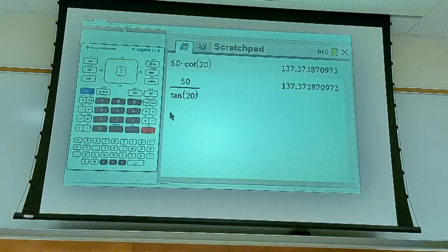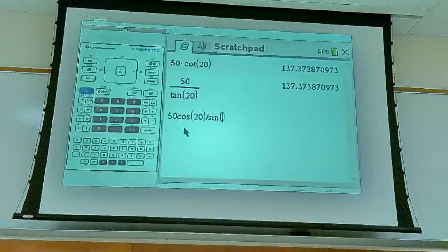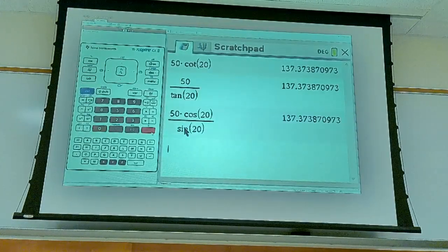If you don't have the tangent, you have to write everything in terms of sines and cosines. Cotangent is cosine over sine, so it'd be 50 cosine of 20 divided by sine of 20.